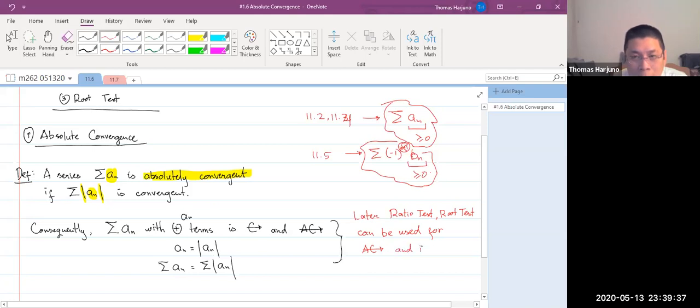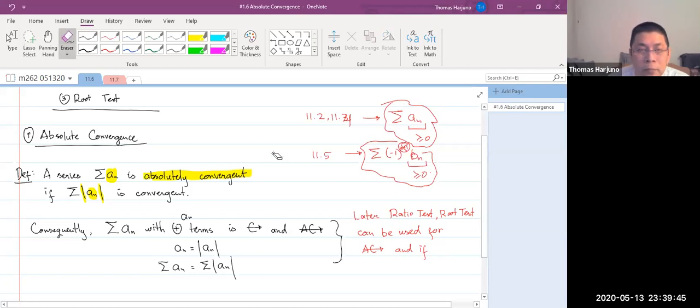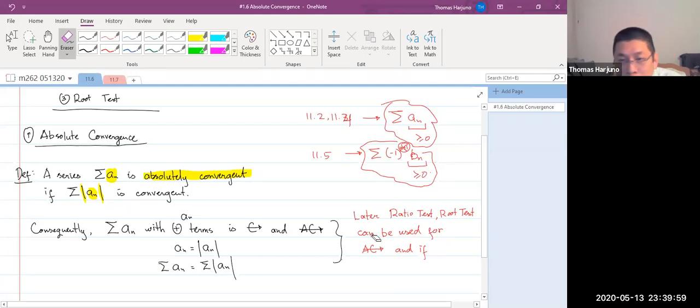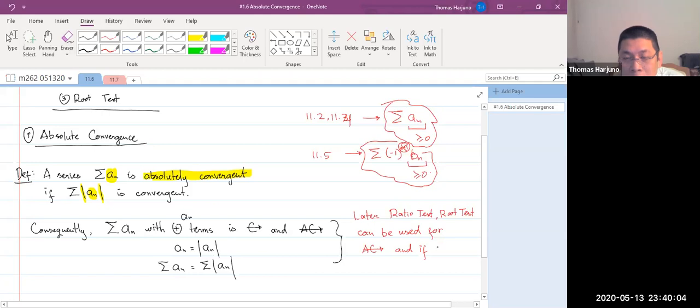And if the terms are positive, non-negative, then it implies convergence.